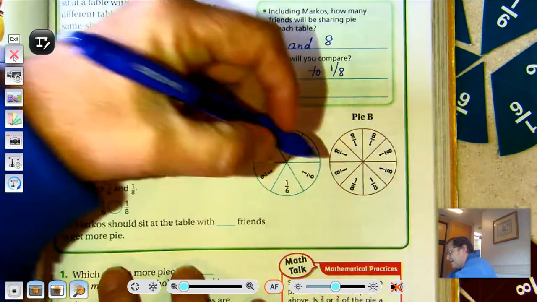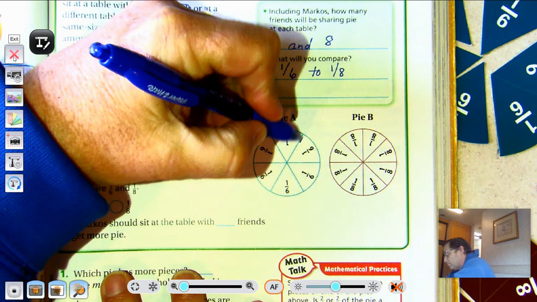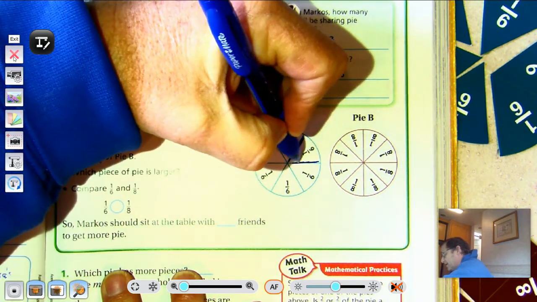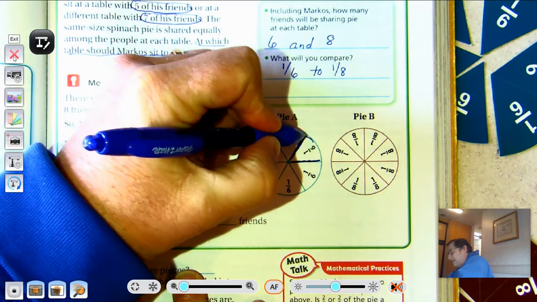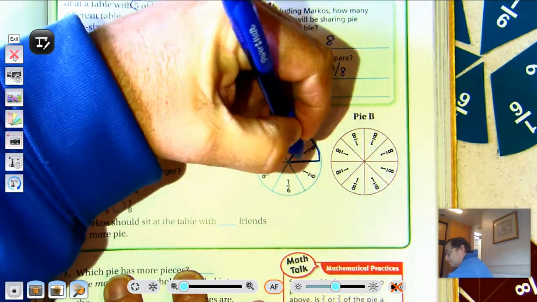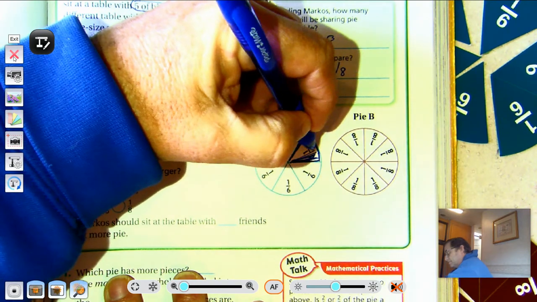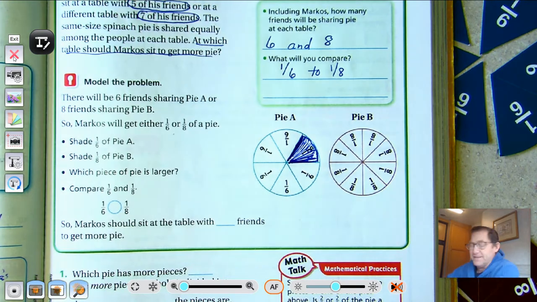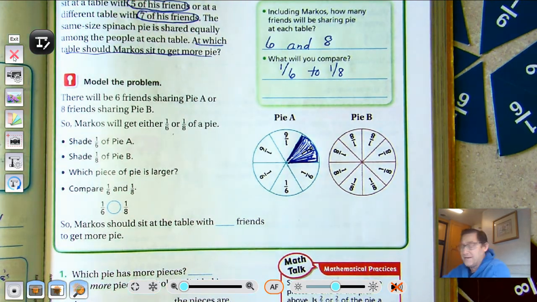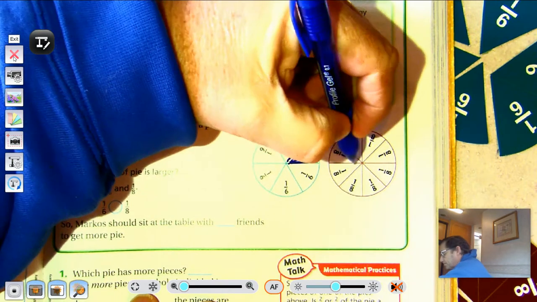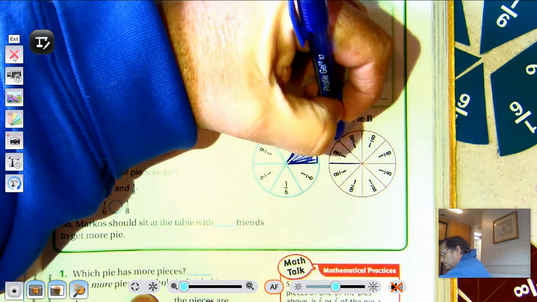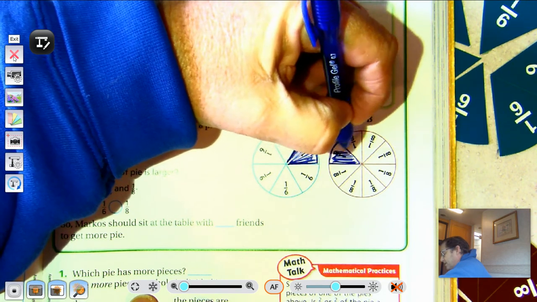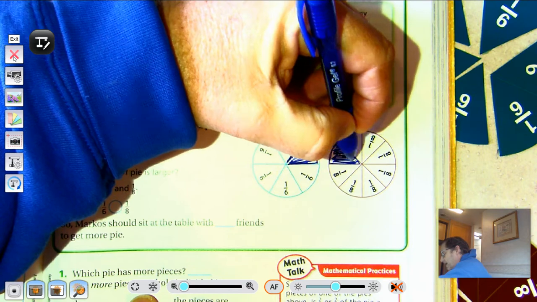So let's shade 1/6 to show how much he's going to get of pie A if he sat there. And then shade 1/8 of pie B. Because no matter where he sits, he's going to get one piece of pie.